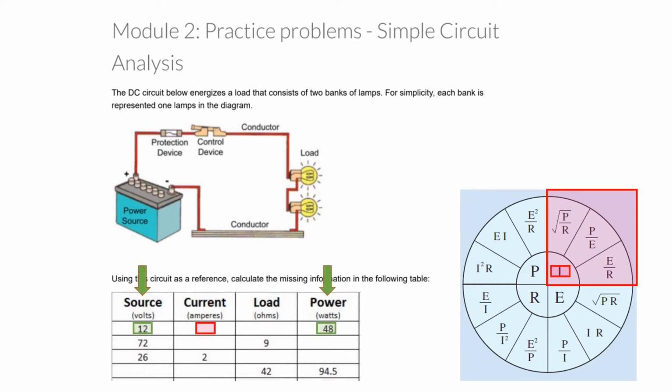To know which of the three formulas you are going to use, you need to see which values are given. In this case, we have the source and the power. The source is the letter E, and power is denoted by the letter P. So look into the three equations that are there for the one that has a P and an E. That will be the one in the middle.